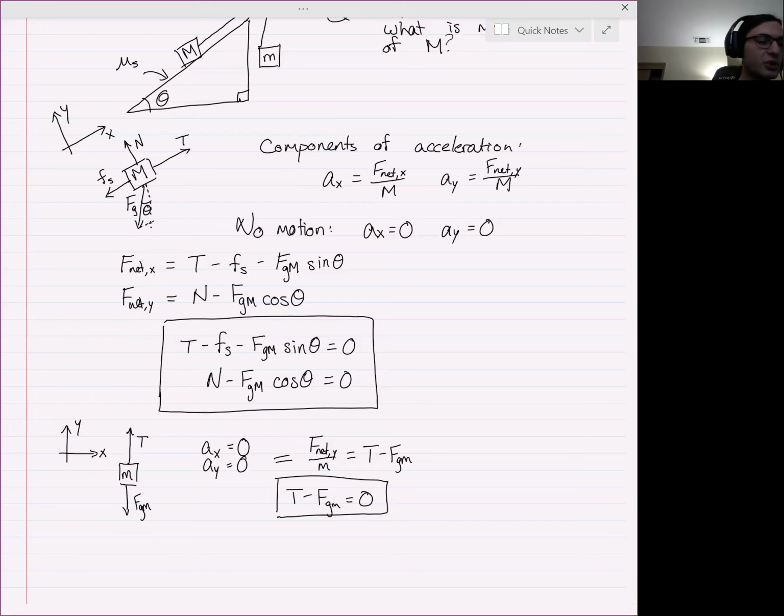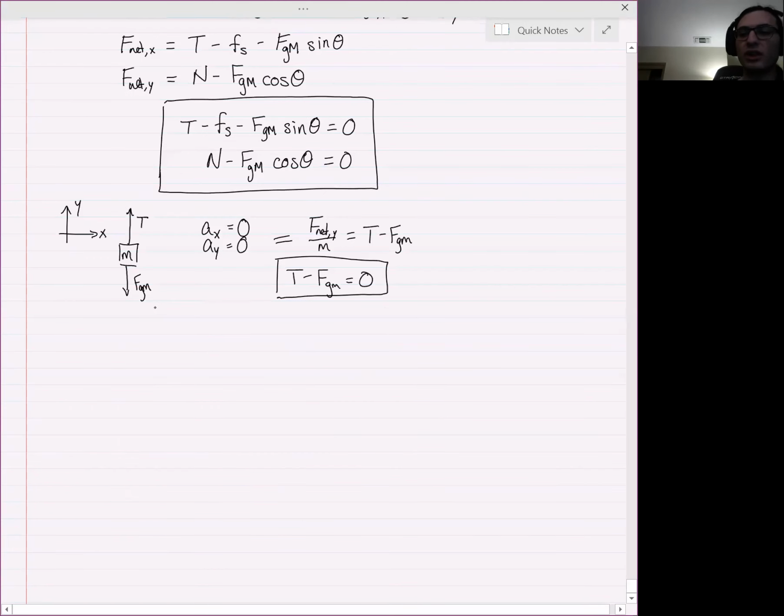Fortunately, we do have one more equation, and that is the constraint. So the constraint here is, and this is separate from the physics of the problem, or rather separate from Newton's laws, that if we want to find the minimum value of m, that equates to the static frictional force being the maximum possible value it can be. Remember that the static frictional force changes its values depending on what force is applied to it.